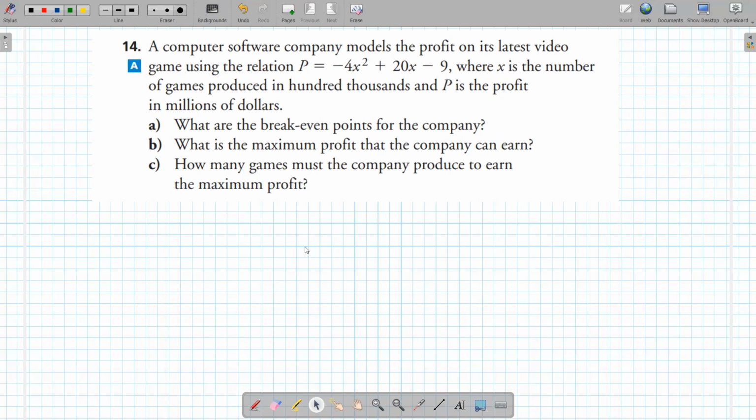Part A is asking us for the break-even point. What's a break-even point in this context? What does it mean?